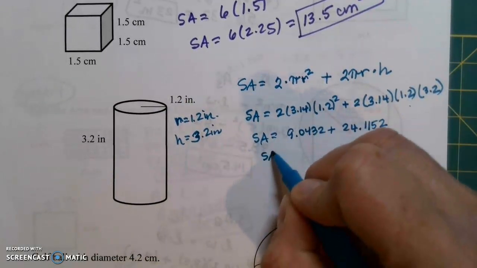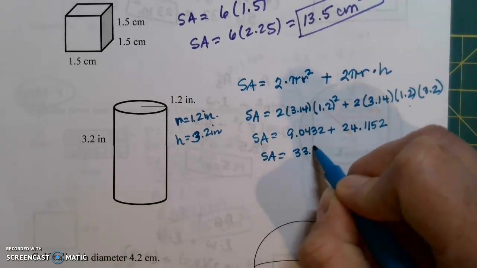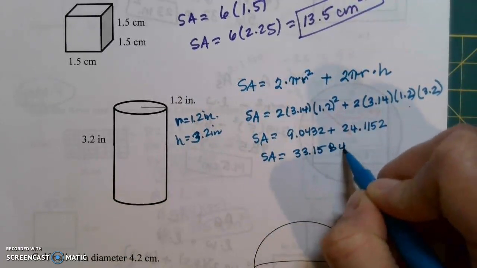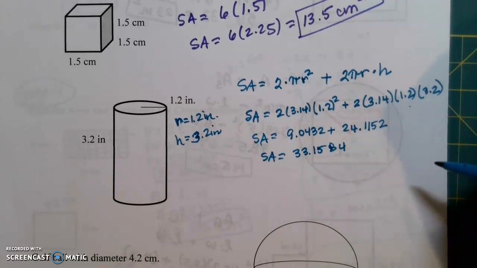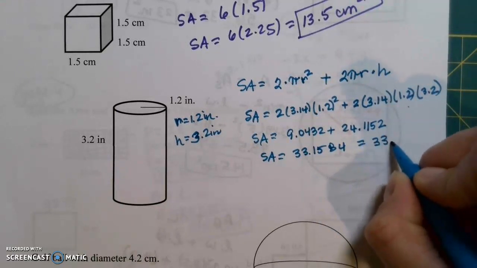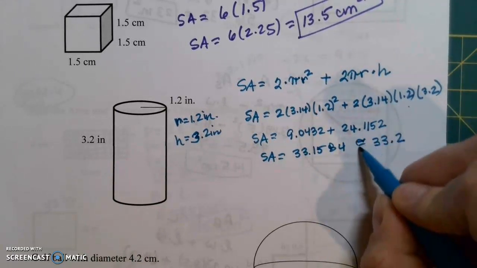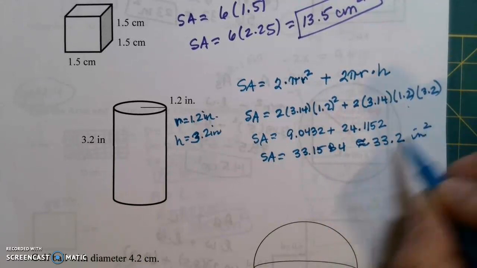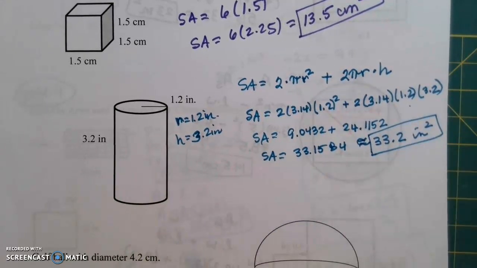All right, so all together, once I've done my calculating, usually they're going to have you round it to either the tenths or the hundredths place. So I would do 33.2 approximately, and inches squared for that surface area.